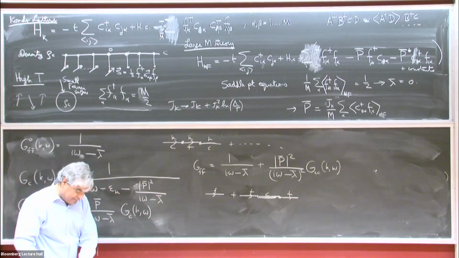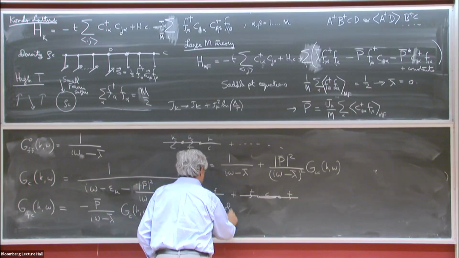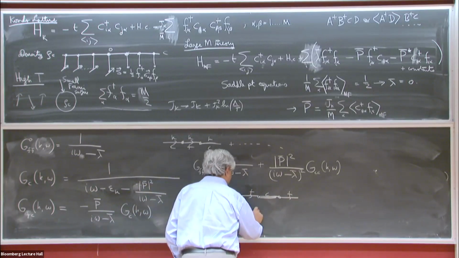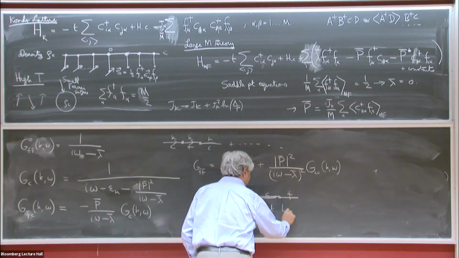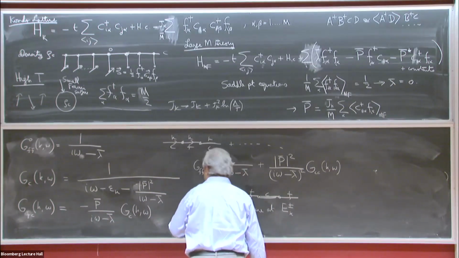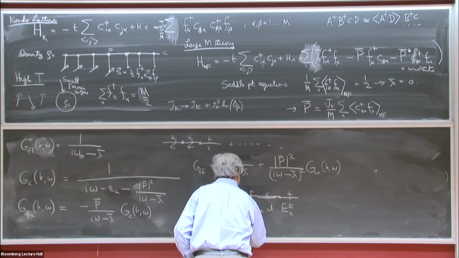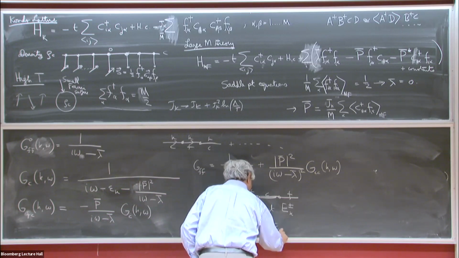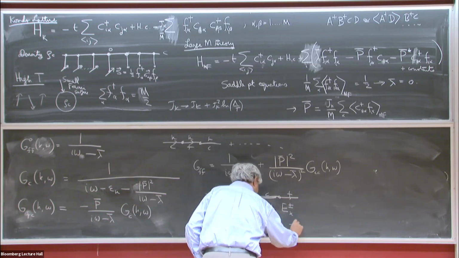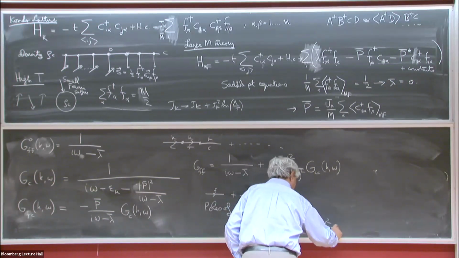So the poles of G_C are at E_k plus minus, where E_k plus minus is the solution of a quadratic equation: (E_k plus minus minus epsilon_k)(E_k plus minus minus lambda bar) minus P bar squared equals 0.